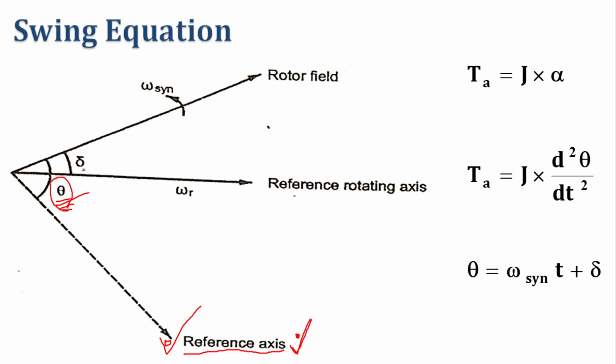Now let us talk about the angle delta. Delta denotes the angular displacement from the synchronously rotating reference axis.